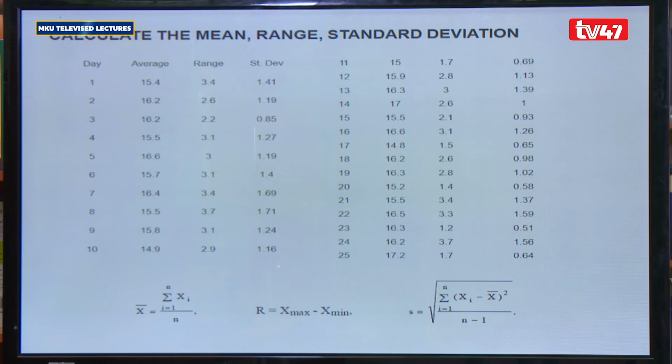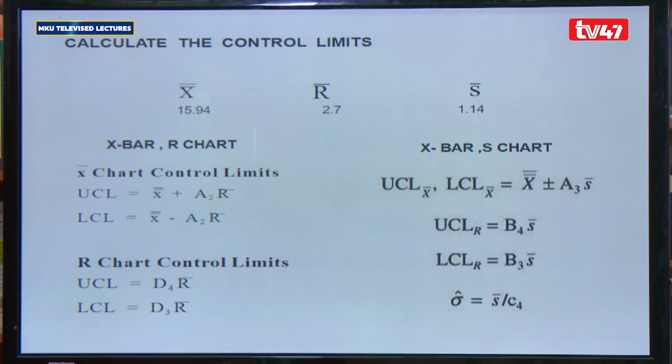And from my workout, these are the values obtained: X bar is 15.94, R bar is 2.7, and S bar, or the average standard deviation, is 1.14.